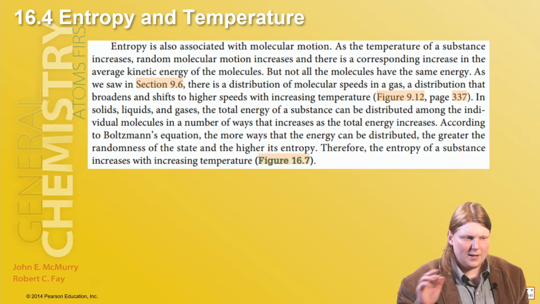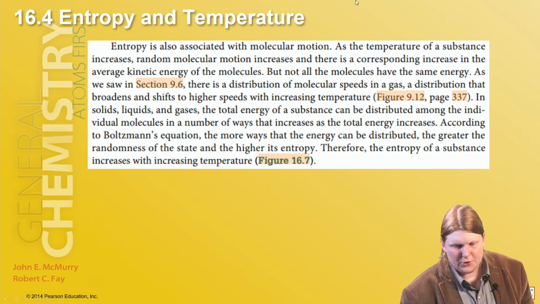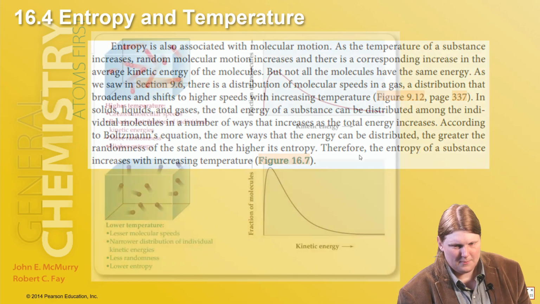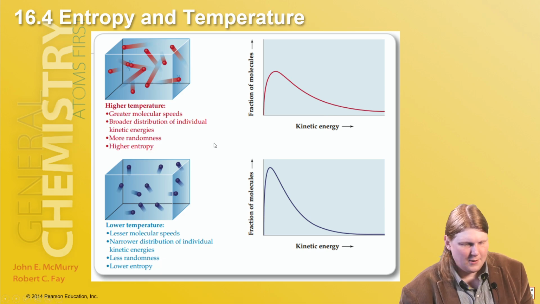Each mode has some certain energy associated with it, and more modes are accessible at a higher temperature. So generally speaking, the entropy of a substance increases with increasing temperature as well. Generally at higher temperatures we see higher molecular speeds, broader distributions of kinetic energy, and more internal modalities and other things like that.